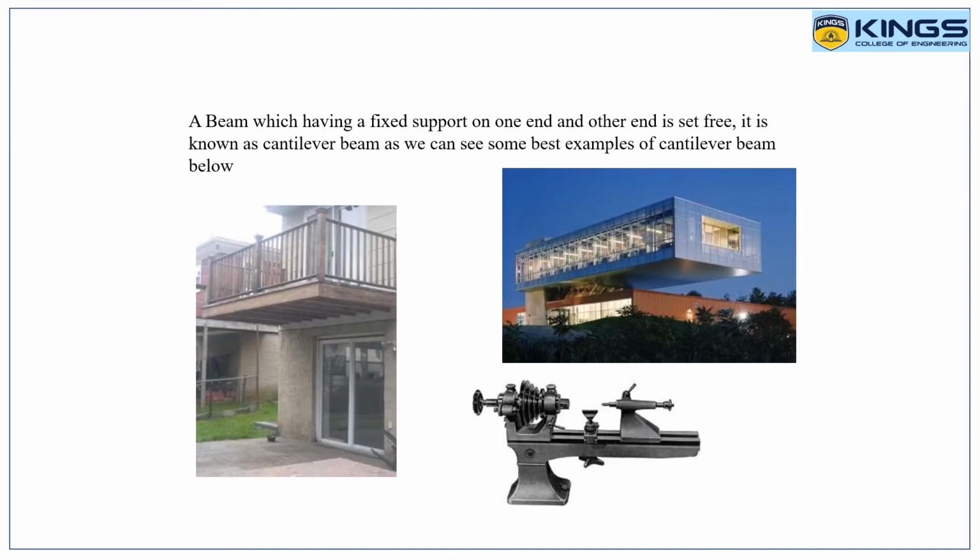These are the practical examples of cantilever beams. A beam which has a fixed support on one end and the other end set free is known as a cantilever beam. And we can see some of the best examples of cantilever beams like this.